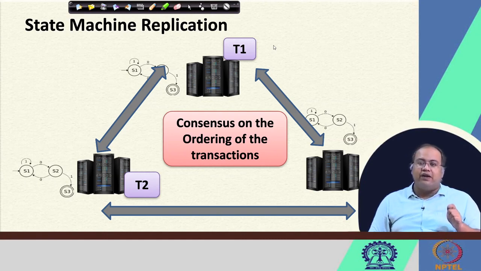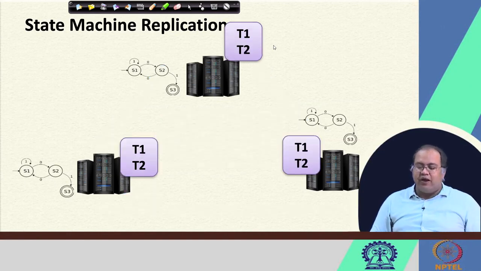and this transaction ordering will ensure that every replica, every backup that I have, is on the same page and all the backups agree on the same order of the transactions. Say all the replicas agree on the order of T1 followed by T2, that means T1 will be executed first and then T2.